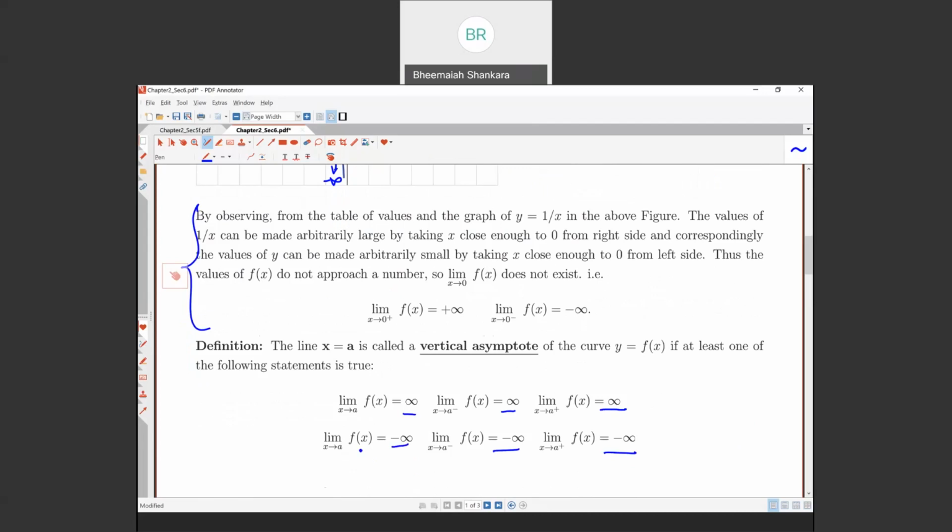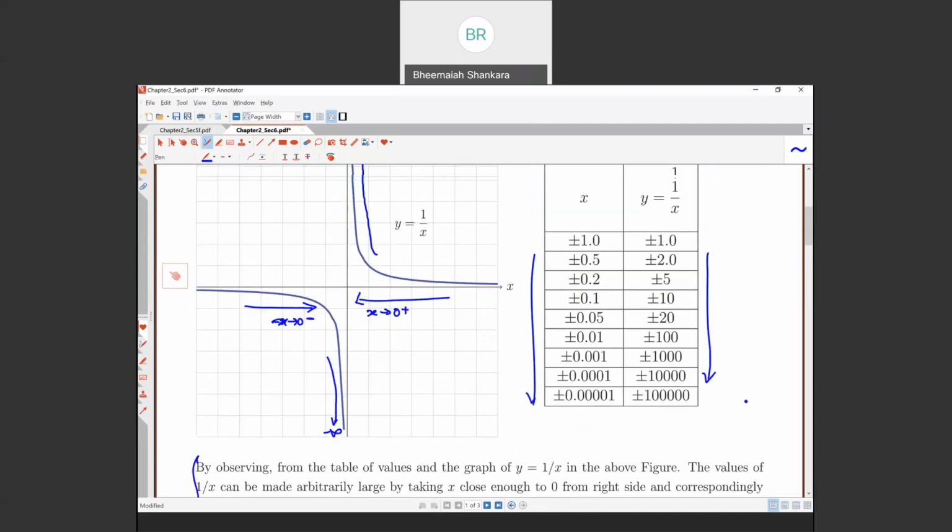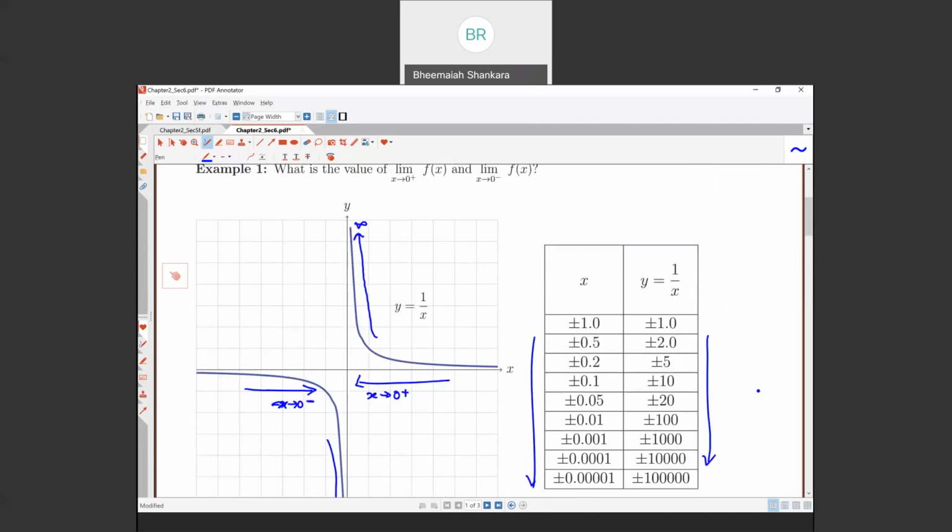So in this example, we saw that the limiting values go to infinity and negative infinity exactly on this y-axis, and the name of this y-axis is also x equals 0. Any point on this y-axis has x equal to 0. So this will be the vertical asymptote for the graph y equals 1 over x.